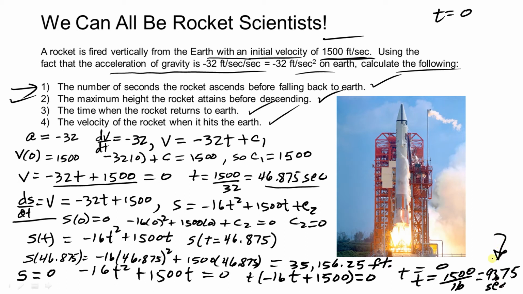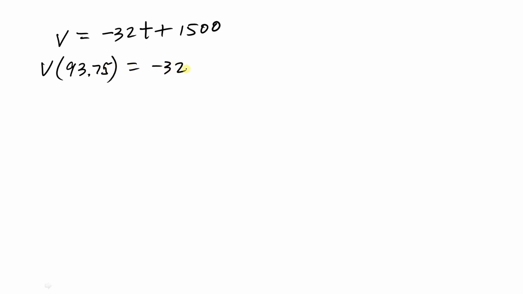So it stays up for about 93.75 seconds. And now we're going to use the velocity equation, which is minus 32t plus 1500, to calculate the velocity when it returns. We plug in t equal to 93.75, and we get minus 32 times 93.75 plus 1500.